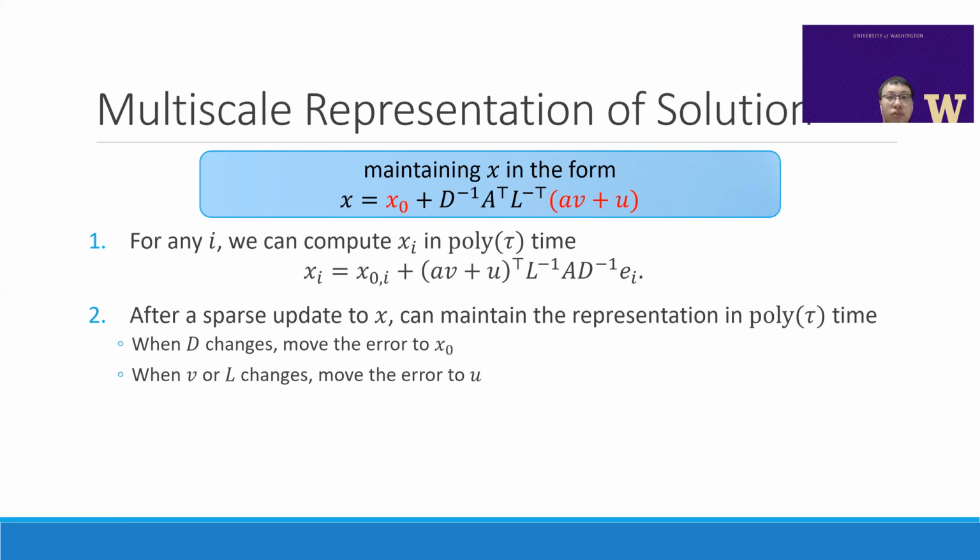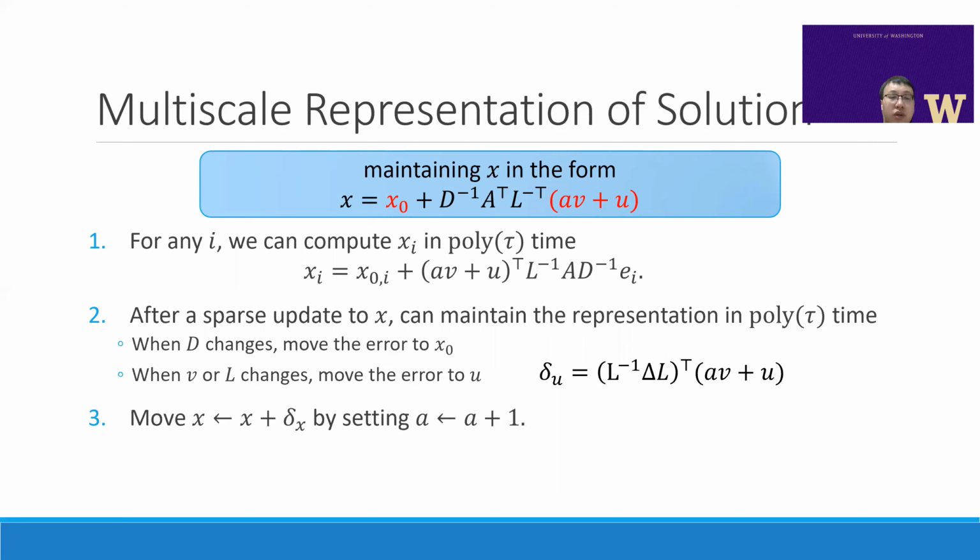And the change of U is very easy because you can directly move the arrow to the U. For the change on the L, we know that we can update U using the following formula. Hence, we can maintain this representation after the change to the x in poly tau time. And we further know that whenever we need to update x to the next iteration, we can simply move the counter a to a+1.